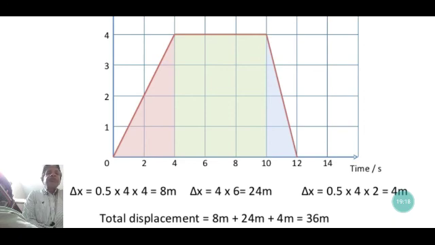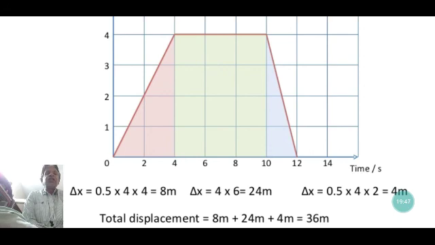For the next shape, in this graph, the green color rectangle, we obtain 10 minus 4, that is 6, which represents the time, and 4 represents the velocity here.